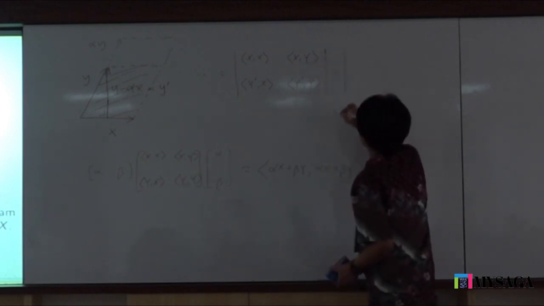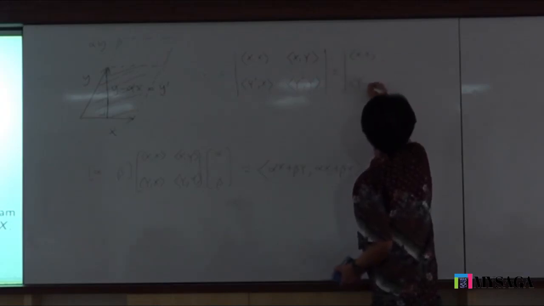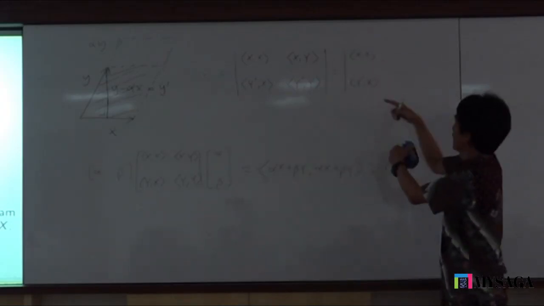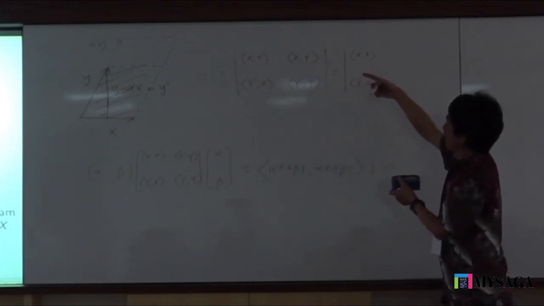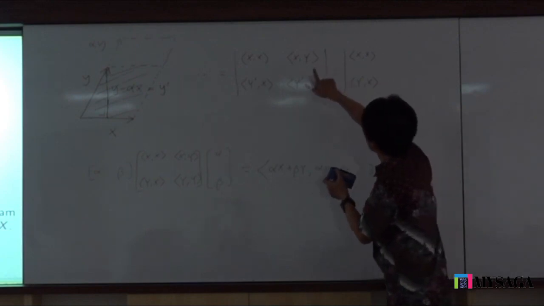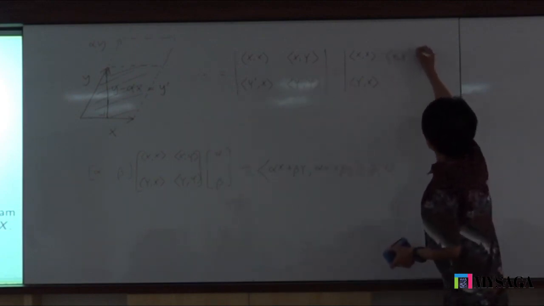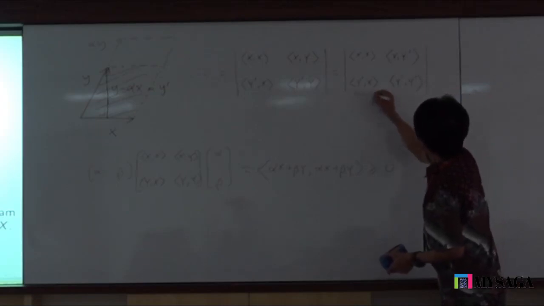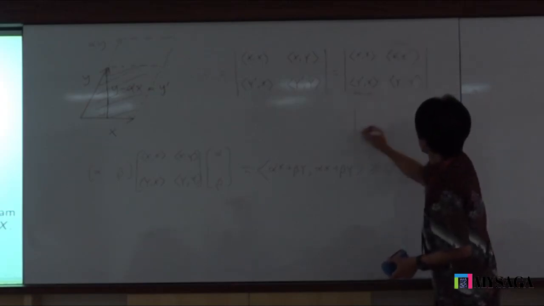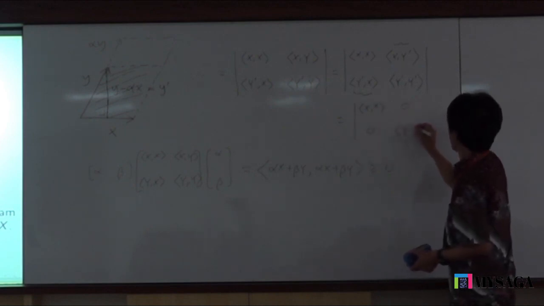And if I keep the first column, and then I subtract alpha times the first column from the second column, then I get this y prime now. Okay. And this is 0, that's 0, so I get 0, 0, and this is y prime, y prime.